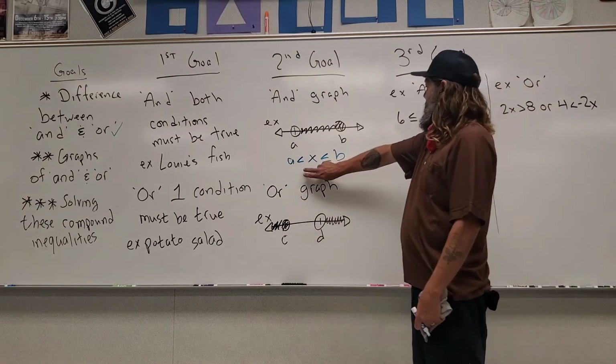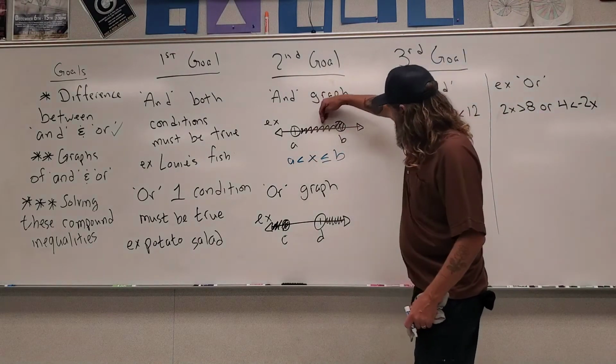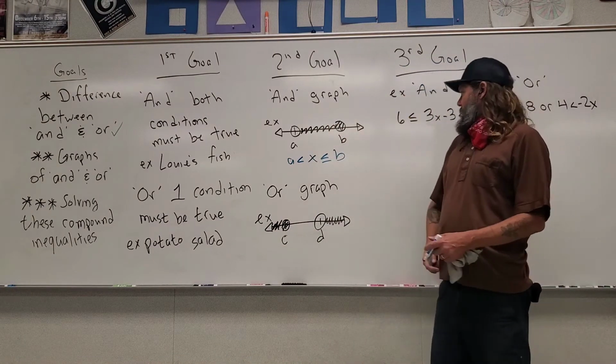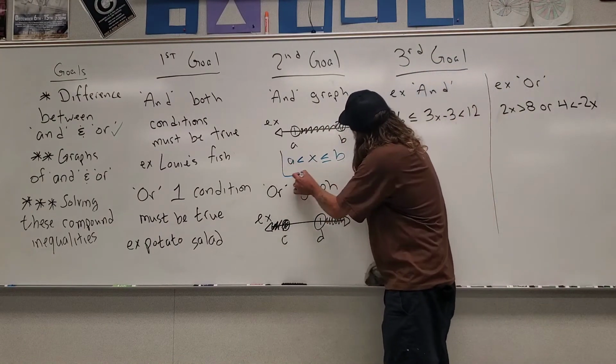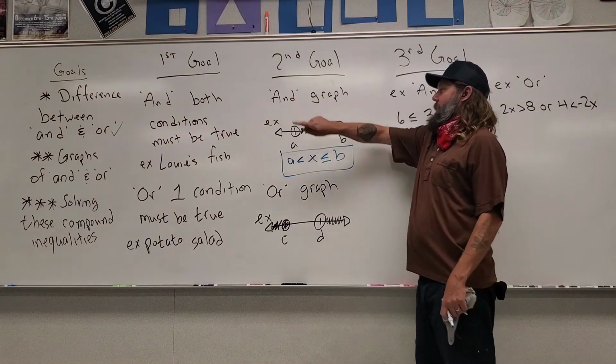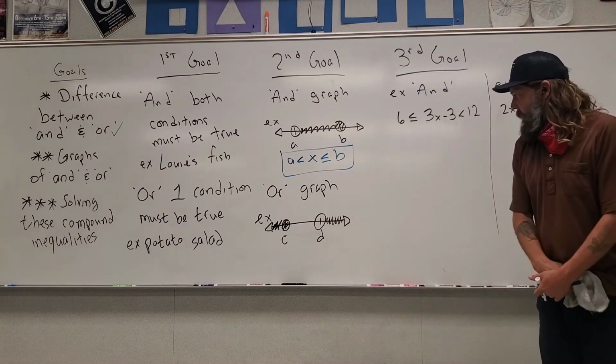A is left of the shading, which is true, and the shading is left of B, which is also true. So this would be how you write an inequality for a compound and graph. Okay, pretty easy to do.